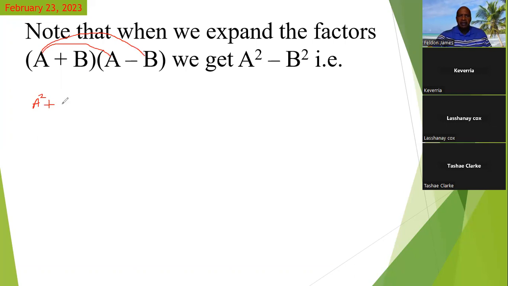A times minus b. What do we get? Minus ab, sir. All right, so we'll have minus ab.